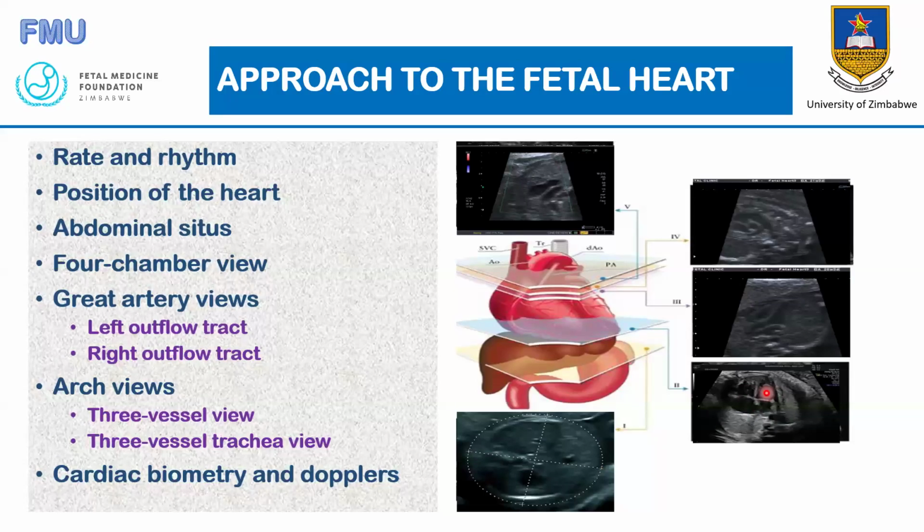That is, if you rotate the left side of the probe upwards, you are going to get the left outflow tract. If you rotate your probe to the right, you are going to get the right outflow tract.